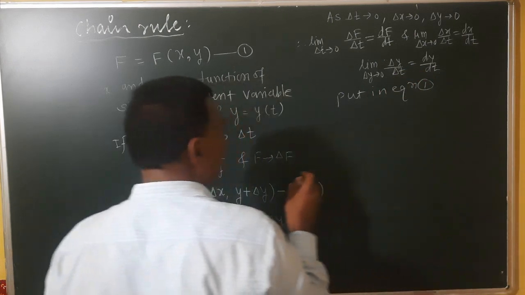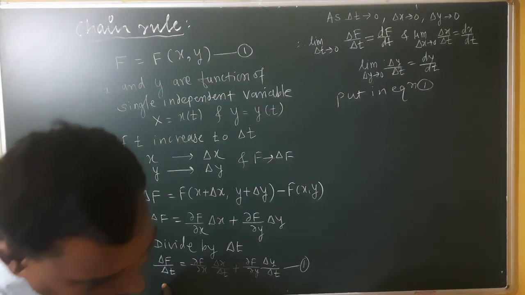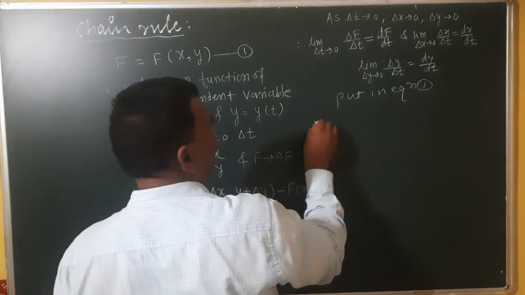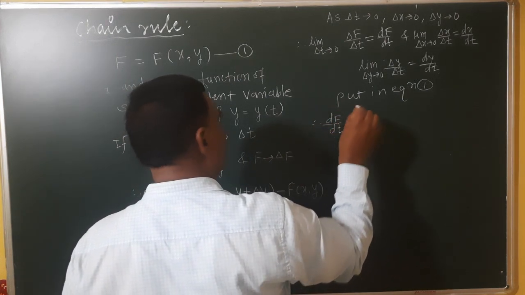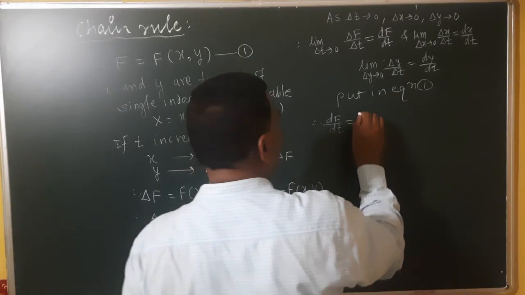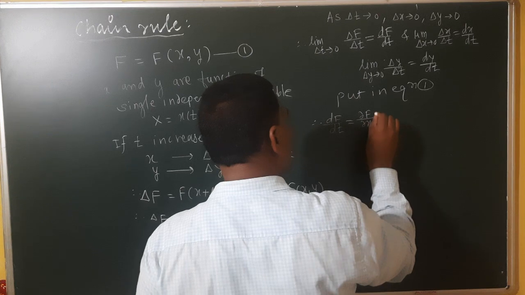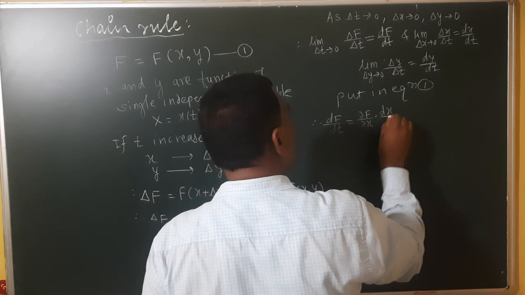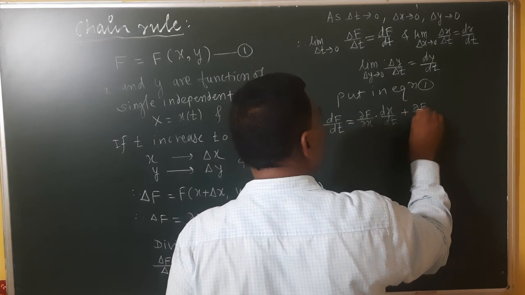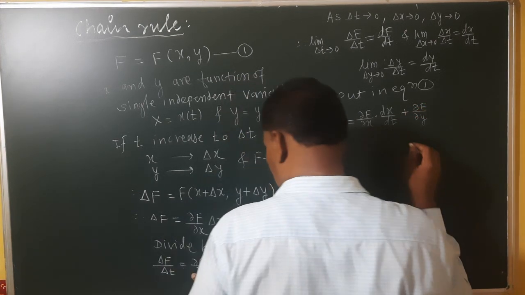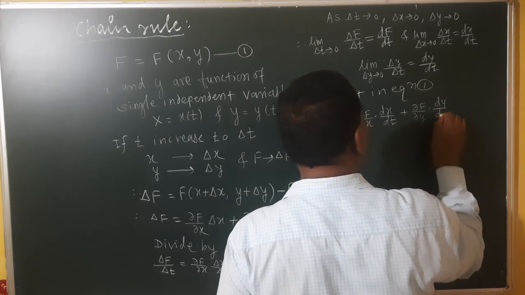What we get is delta f upon delta t becomes df by dt, and that is equal to dou f by dou x into dx by dt plus dou f by dou y into dy by dt.